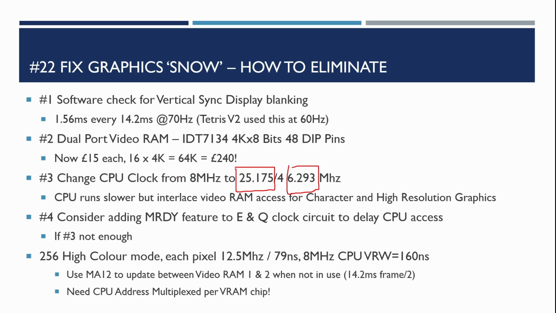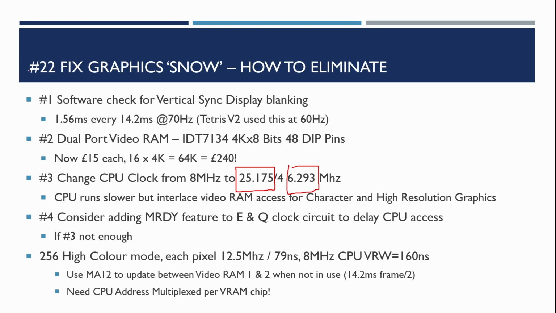If we run the CPU off this clock rather than the other one, the CPU memory access should be maintained in time with the video access. So if we can adjust the phase of that 6.2 megahertz clock for the video access and the CPU access, we should be able to get the two signals to interlace in a way that reduces, if not completely eliminates, the video interference.